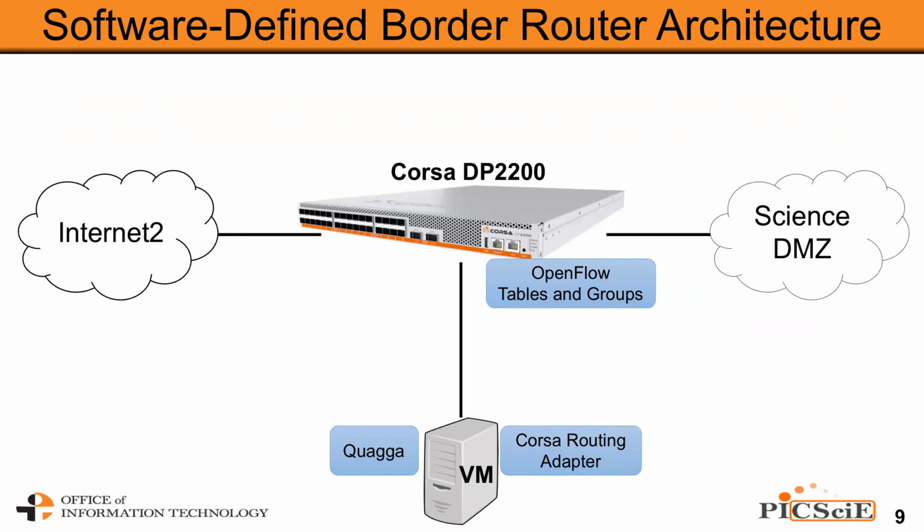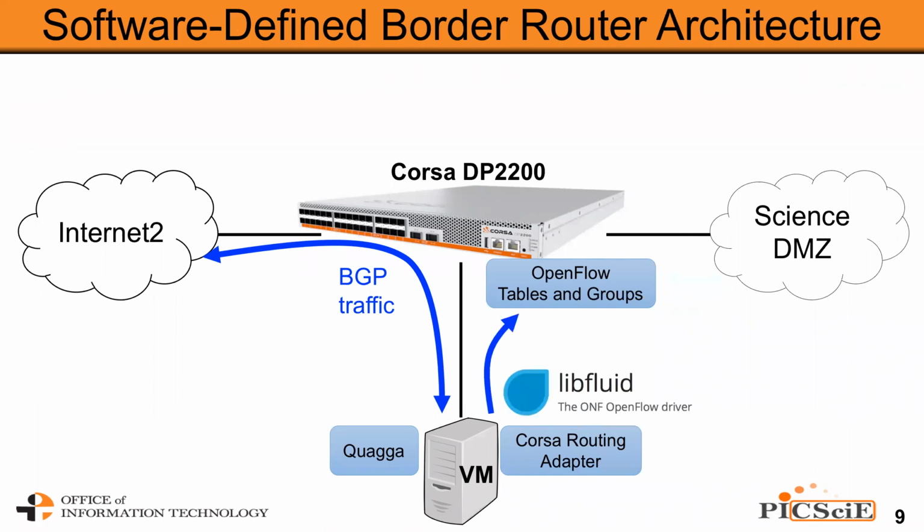When BGP traffic enters the Corsa DP2200, the switch will identify that and forward it to the VM, which is running Quagga. So Quagga will run normal BGP and create the routing table, of course. And then the Corsa Routing Adapter will take this as an input, parse it, and create corresponding OpenFlow rules, and then push them to the OpenFlow tables and groups in the Corsa DP2200.